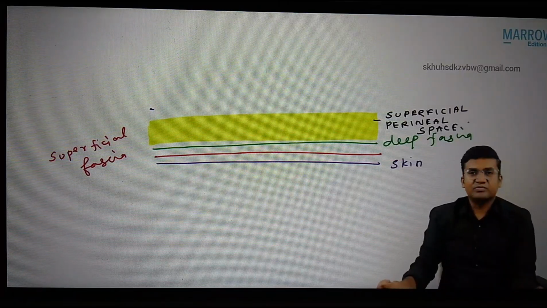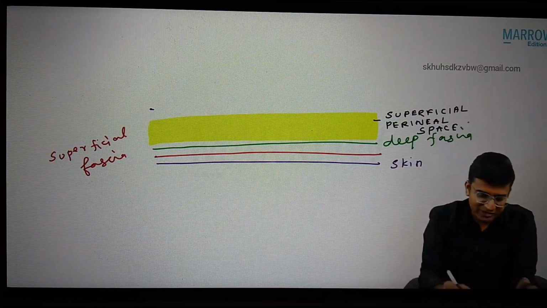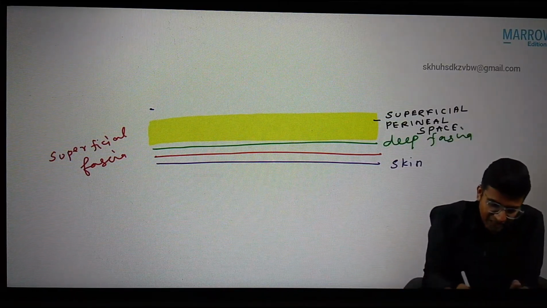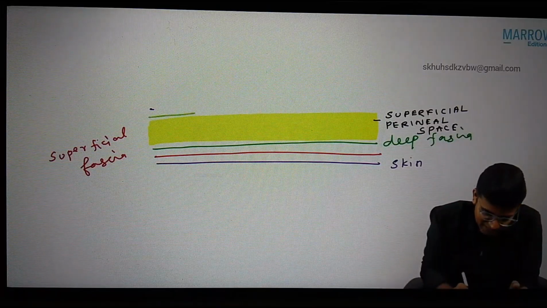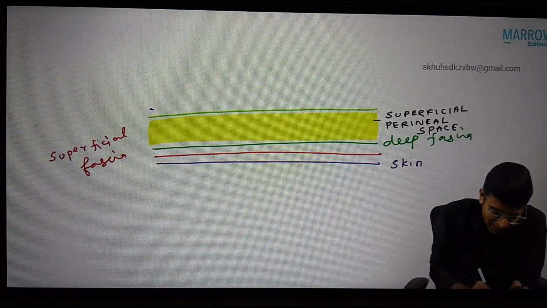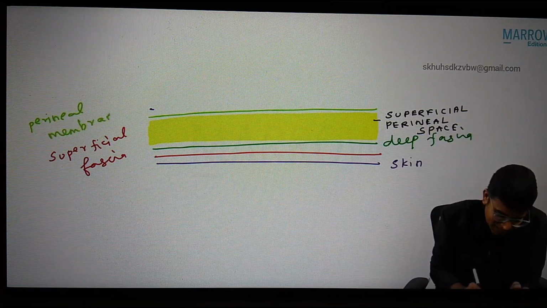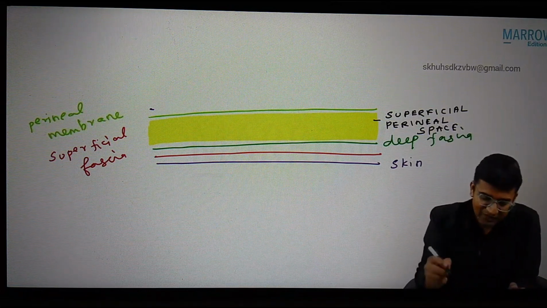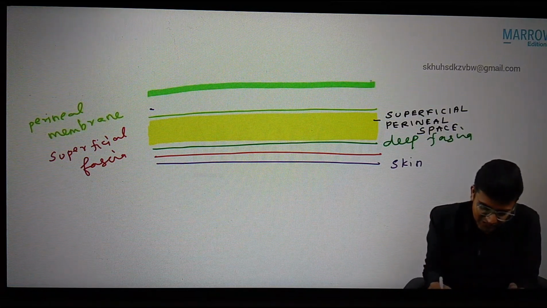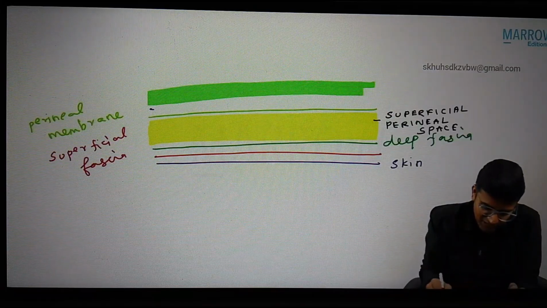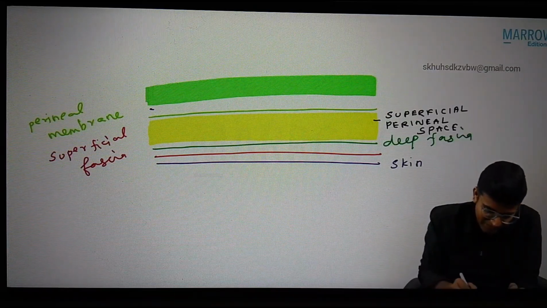Now, above the superficial perineal space, we have the perineal membrane. This green color is the perineal membrane. Above the perineal membrane, again we have a space that is present deep in the perineum.